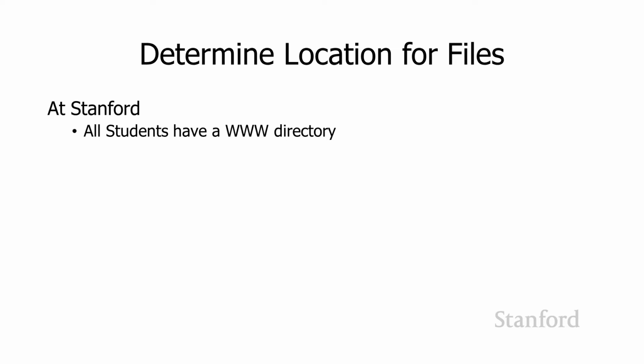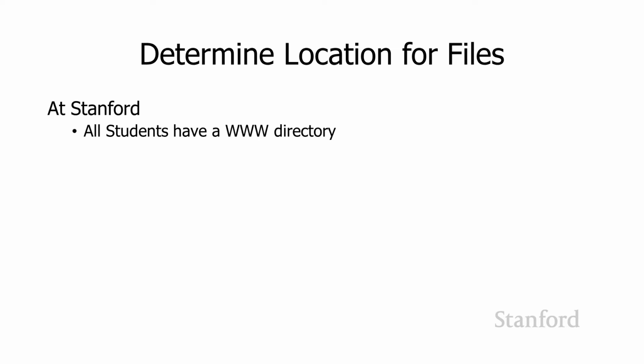Okay, so we need to determine what location to put our files in. And all Stanford students, as I mentioned before, do have web hosting from Stanford. So Stanford has a file server that you can use to store different files. This is sometimes referred to as the Leland system. And in the Leland system, you've got a directory there. And within that directory, there's a special directory already created for you called www.